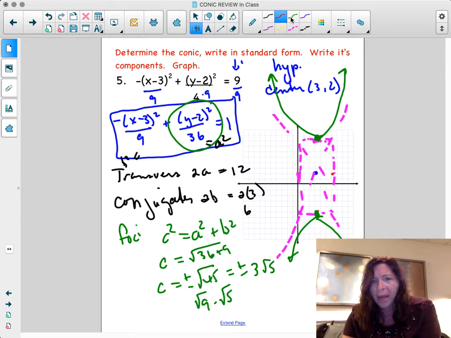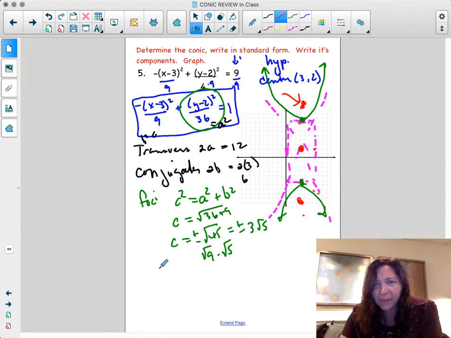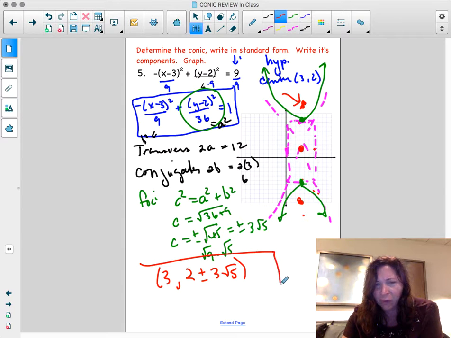Now, keep in mind, those are always going to be in that arc. So to label that point, you go from the center, and it's on the y-axis. So my focal points are going to be at (3, 2 plus or minus 3 root 5). And those are my foci points.